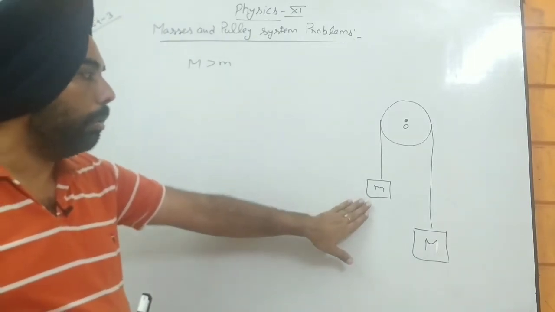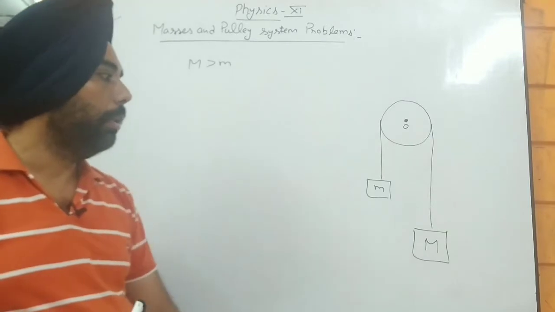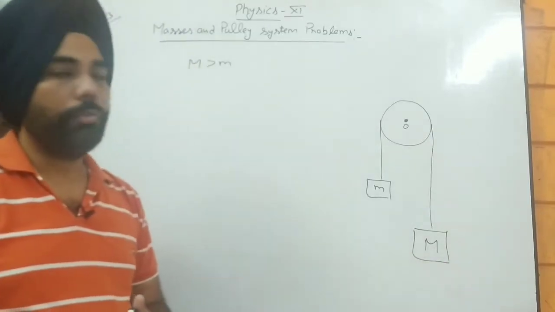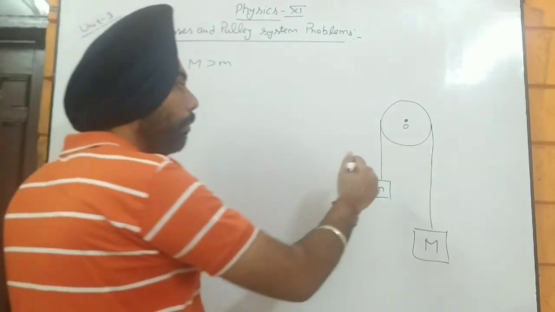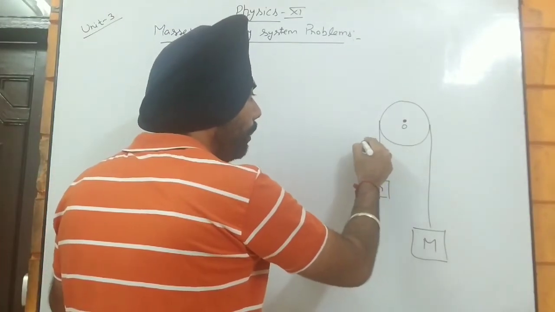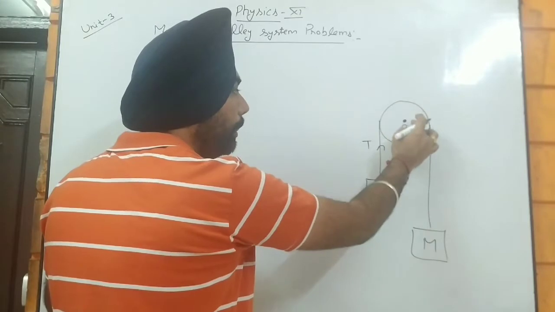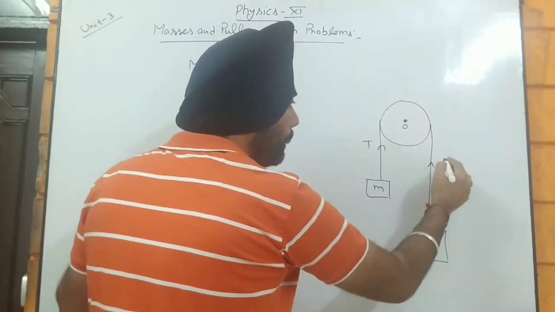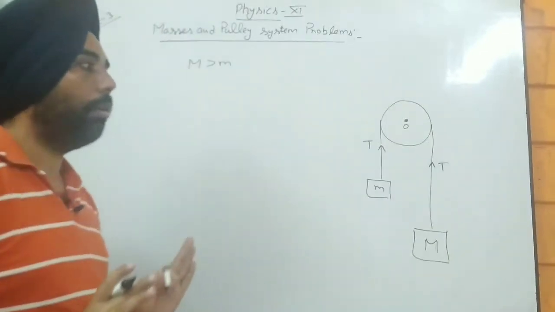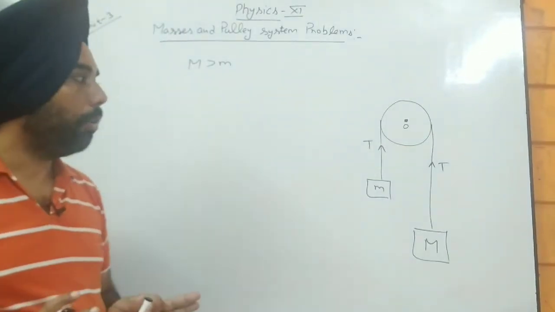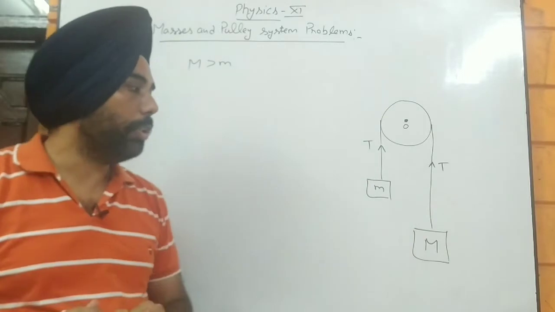So that is the smaller mass, and that is the bigger mass, which is taken with the symbol capital M. Now first of all, the tension of the string is always going to be toward the pulley center, which means the tension is always going toward the pulley. That is how you make the directions of tension.